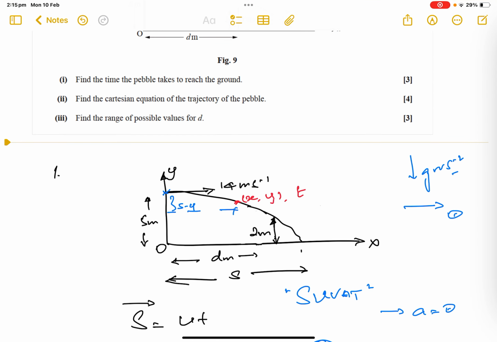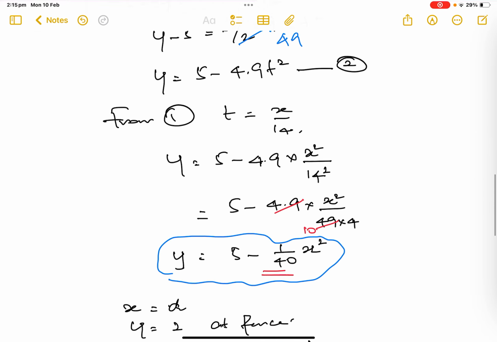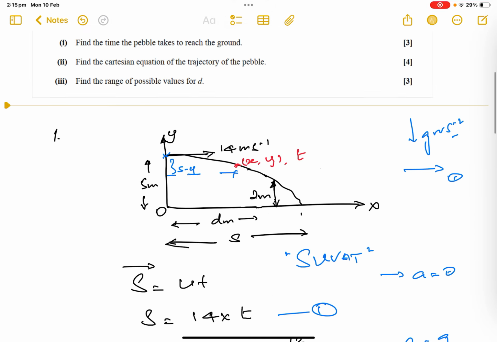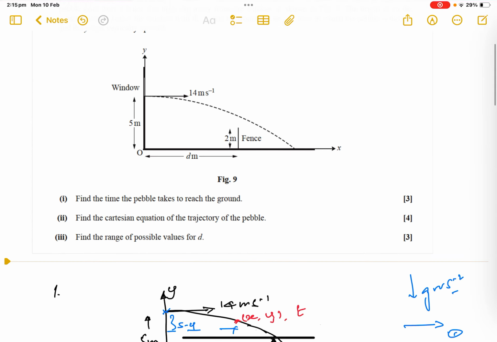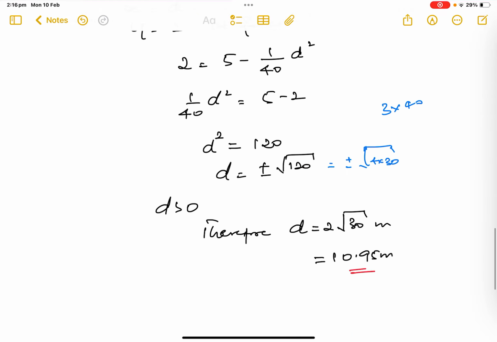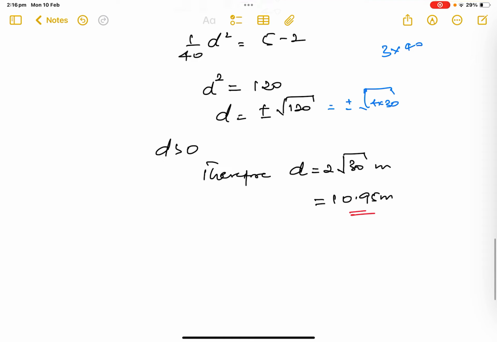To find the Cartesian equation of the trajectory of the pebble, we have found that. And third, find the range of possible values for d. Possible value means, when you do that, plus or minus, the actual possible value is 10.95. Thank you. Please subscribe to the channel and share the contents with your friends. Thank you.